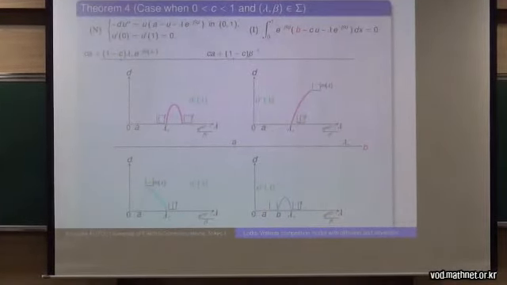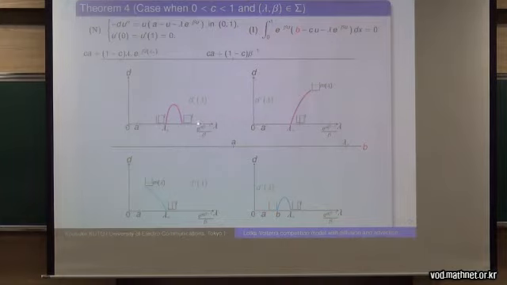And as B increases, B crosses this number. This left one does not move, but this right one moves, and removes from this singular limit and touches the green curve.